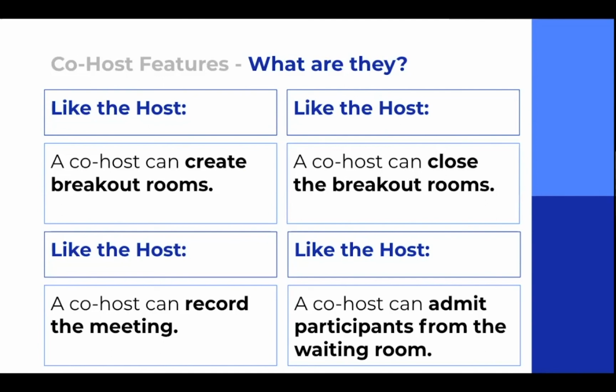You can go ahead and admit people in the waiting room similarly to the way that we talked about earlier. So you will receive a message and click on the word admit, and you will be allowing people into your Zoom meeting. So these are the 4 different features that a co-host can access, similar to the features of a host.